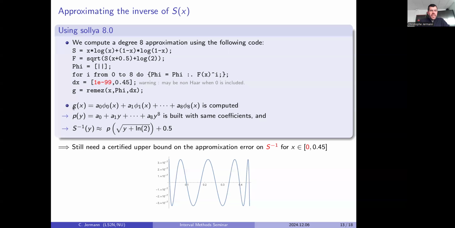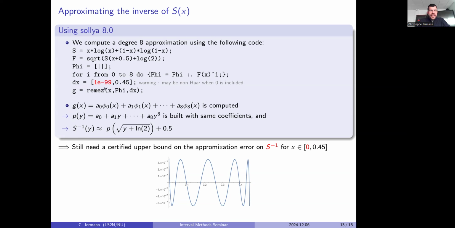So what we obtain is an approximation formulated as follows, and we have our coefficients, so we could put them back into our polynomial P, which is an approximate inverse of the Gibbs entropy function applied at these shifted points.